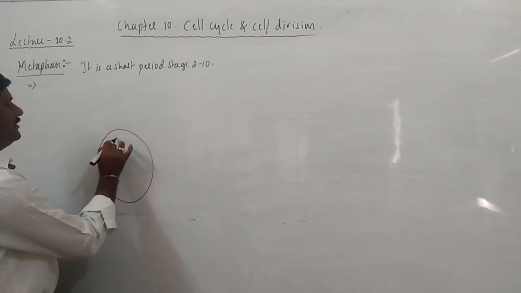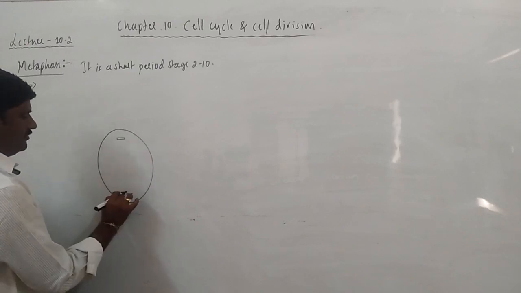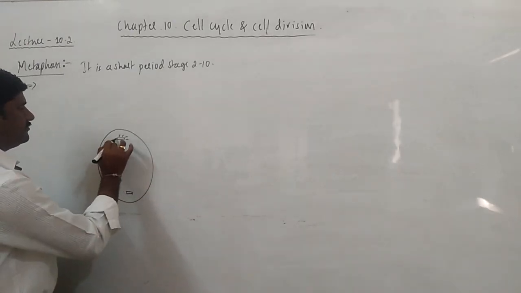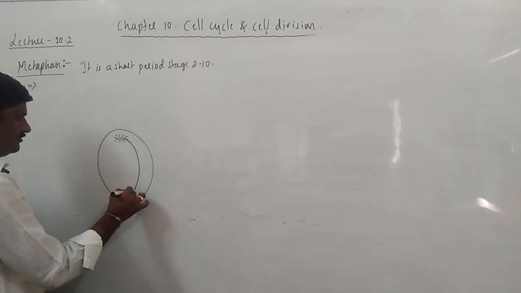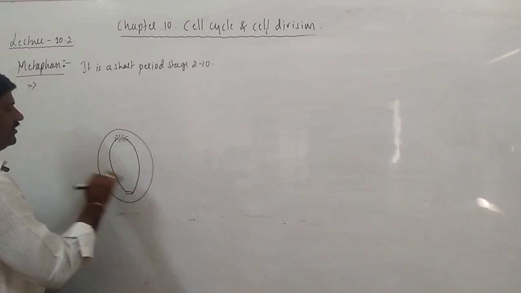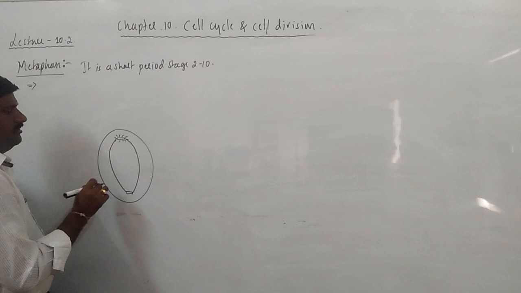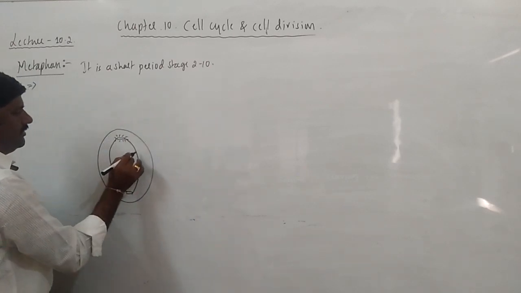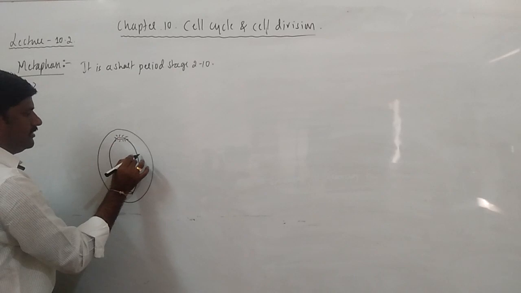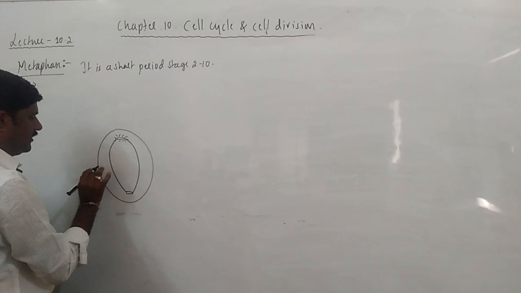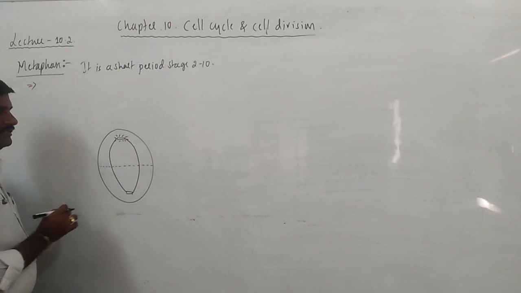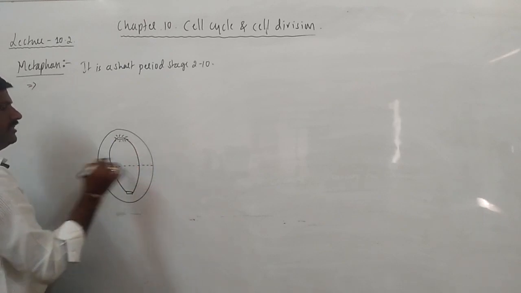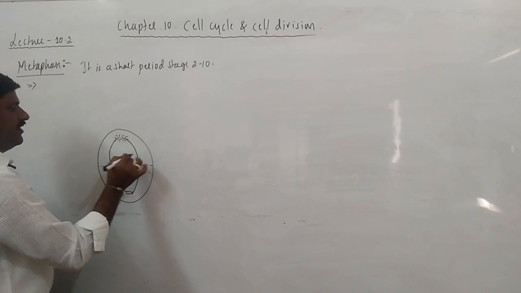The asters have moved to the poles respectively, and these have already formed the spindle fibers over here. If the chromosomes are there, they start coming towards the equatorial line. This is the line called the equatorial line. All the chromosomes are brought to the equatorial line with the help of these spindle fibers.